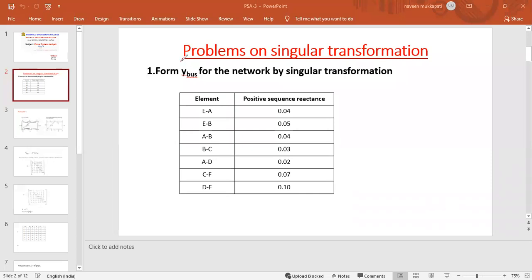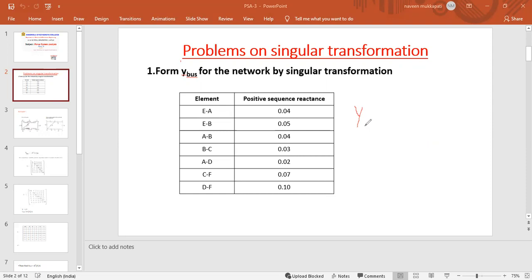First of all, how do we determine the Y bus matrix? What is the formula for determination of the Y bus matrix in the singular transformation method? There are three different formulas for obtaining the Y bus matrix.